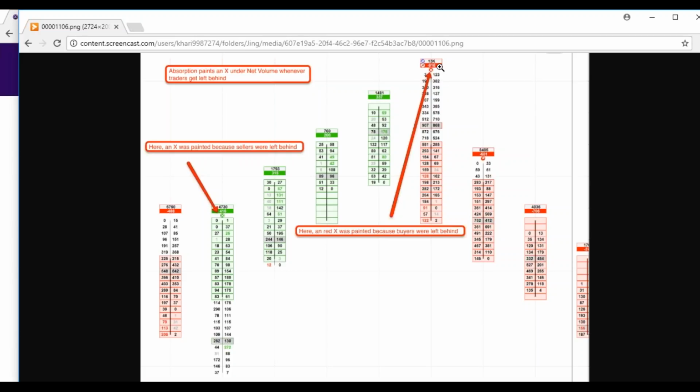There was absorption in this bar, and it's painted red to tell you the bias is to go short. So red actually means buyer's absorption. It's kind of opposite of what you might think. But if that said green X to tell you the buyers got absorbed, we all associate green with up and red with down, right? So we have it plotted as red.